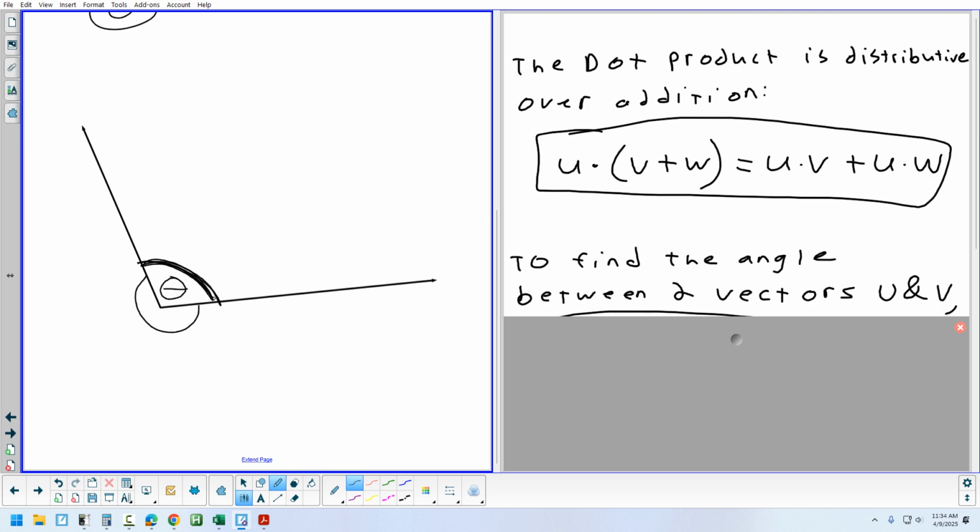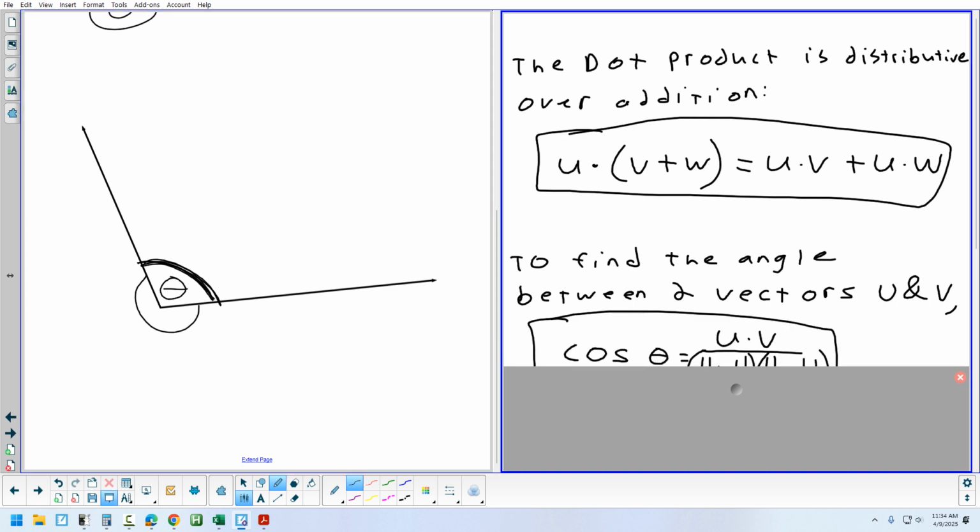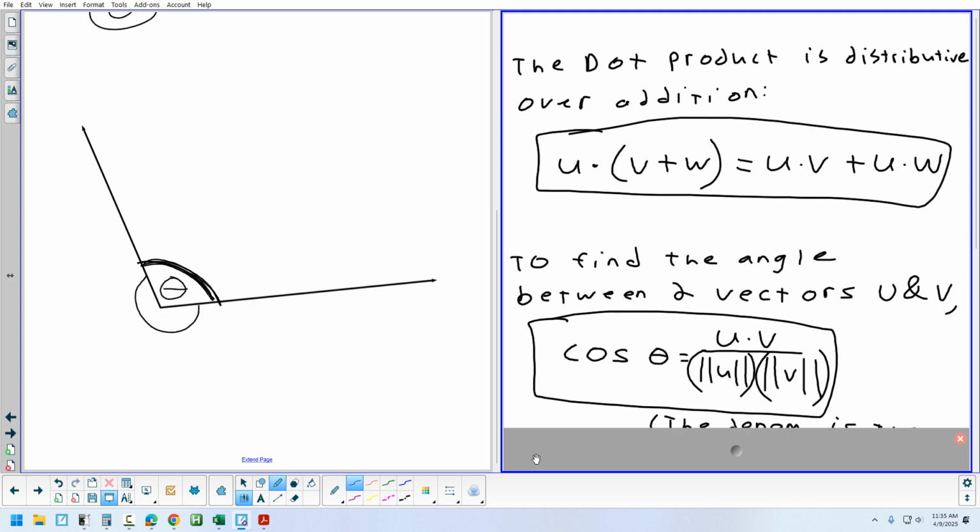To find the angle between 2 vectors, you have to do 3 calculations. And all calculations we know how to do. The first part of the calculation is the dot product. You need the dot product of your 2 vectors. The other thing you need is the magnitude of each vector.